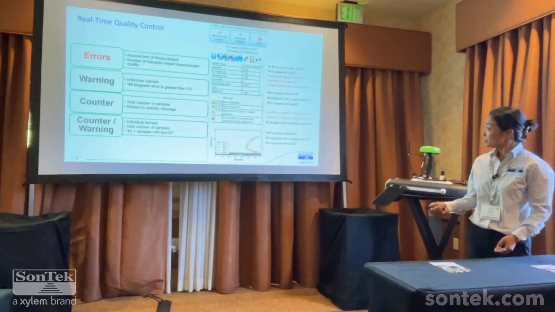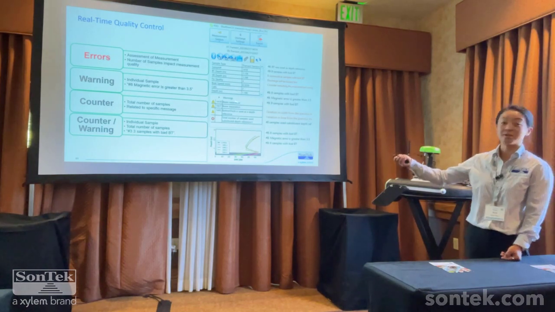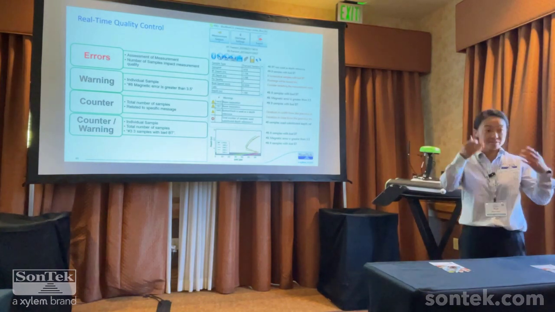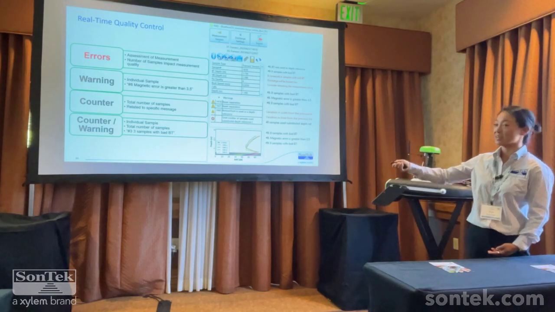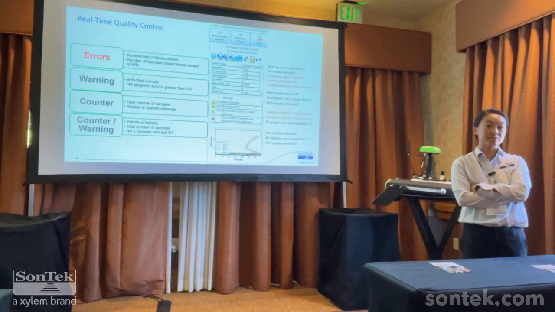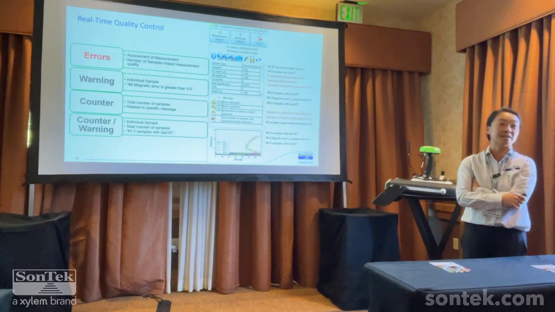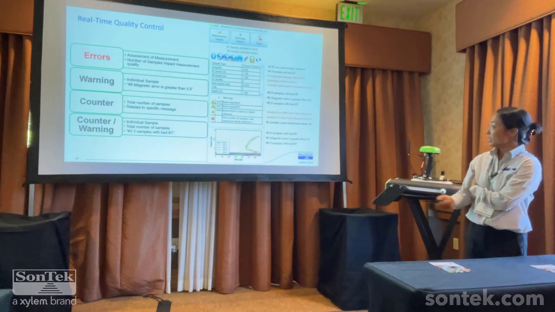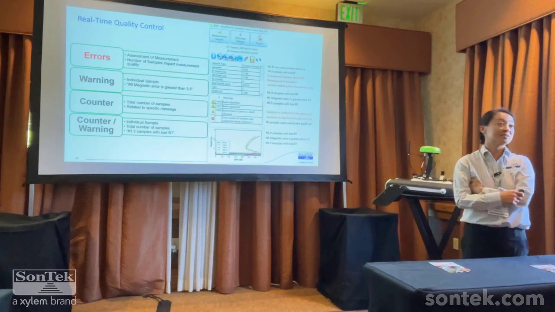I mentioned this earlier, we do have this quality control window here, which is meant for the user to use in real time. The warnings and the errors that you see here are the same errors that you'll see in QRev, so we made sure to match what the USGS is using for their quality control. Errors that are red like this are things that you really need to address in the field.